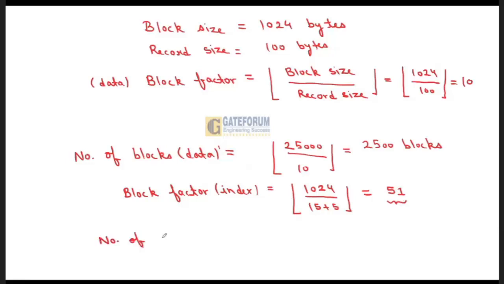Number of index blocks is equal to total blocks, 2500, and each index block can point to 51 blocks. Divide by 51 and it will come out to be 49. So total number of index blocks are 49.